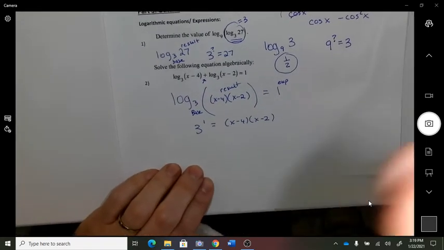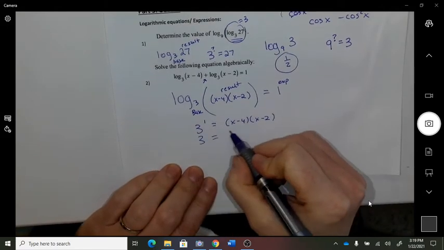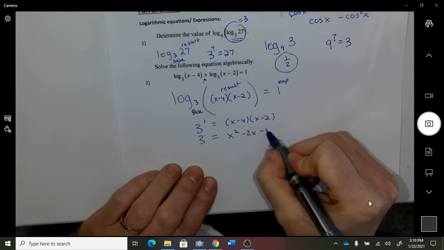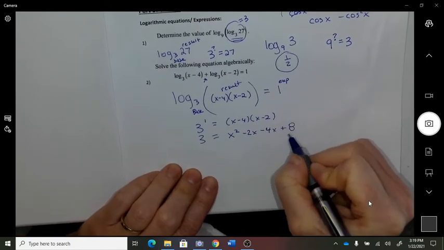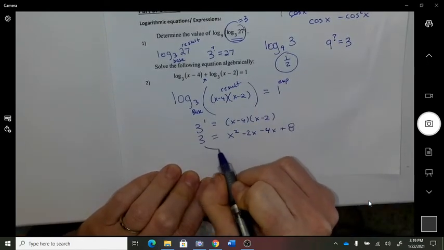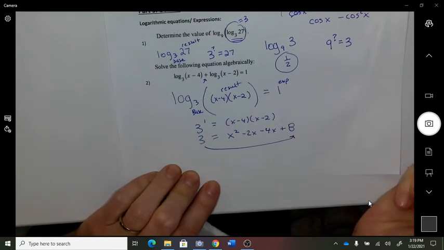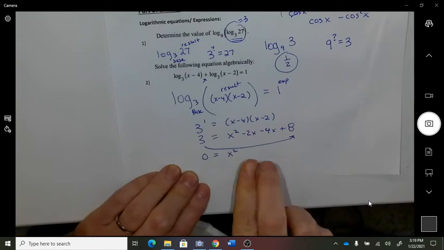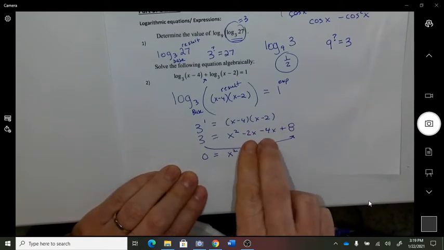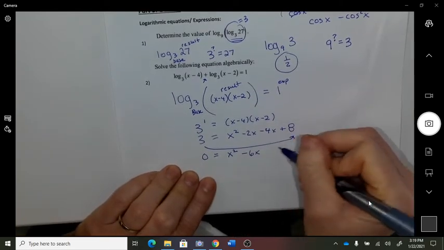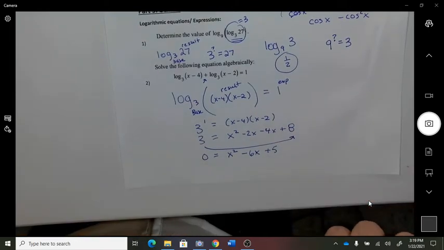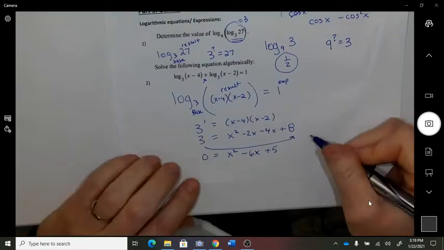Okay, now I'm going to expand this, FOIL it, x squared minus 2x minus 4x plus 8. I'm also going to move that to make it a 0. So x squared minus 6x plus 5. Okay, I'm going to try to factor.